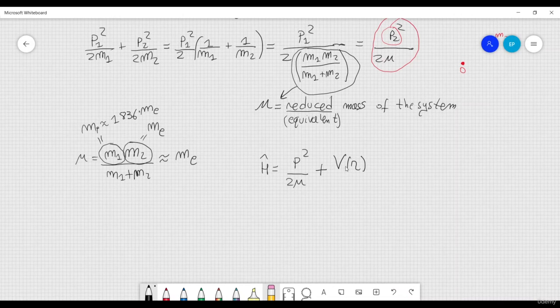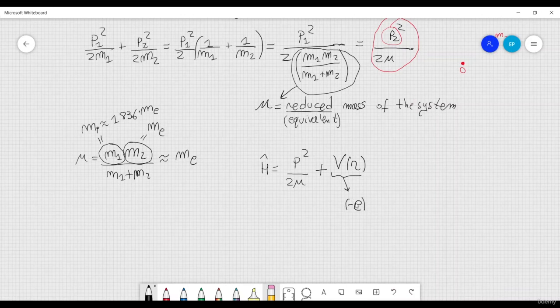Okay, and this v of r is related to the Coulomb force. Now we will make this assumption. We will assume that the interaction will be similar to a Coulomb attraction, where I have essentially a product of the charges: the charge of the electron, which is minus e.